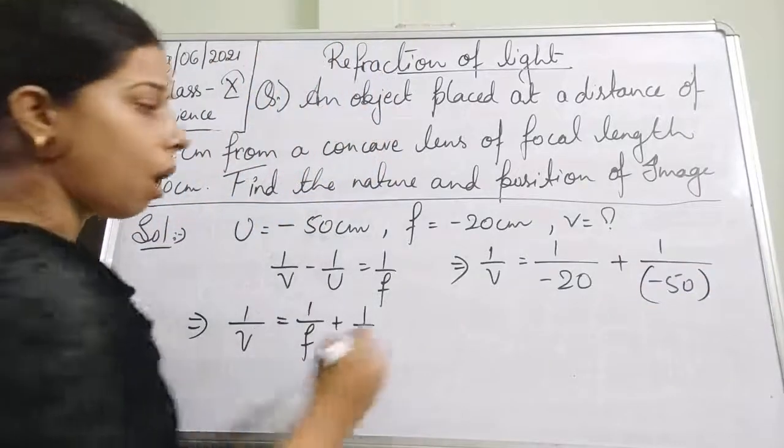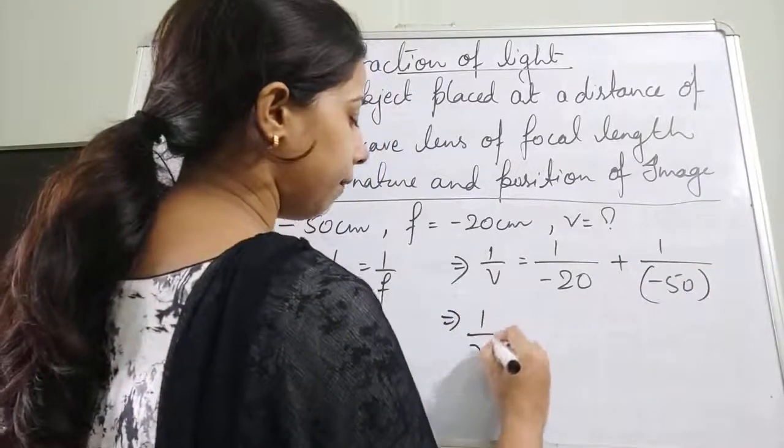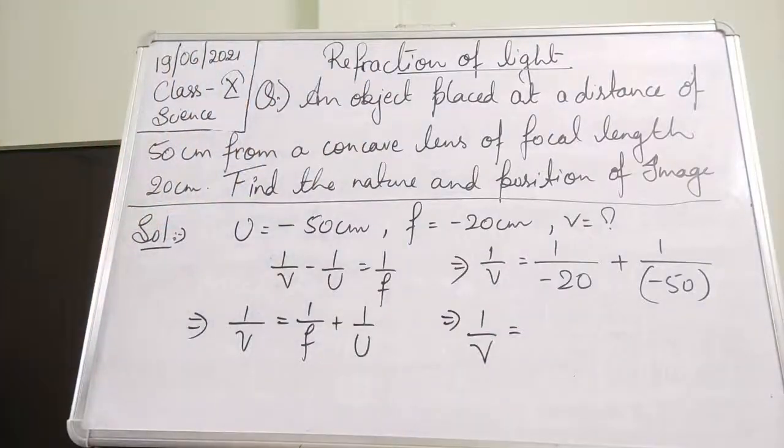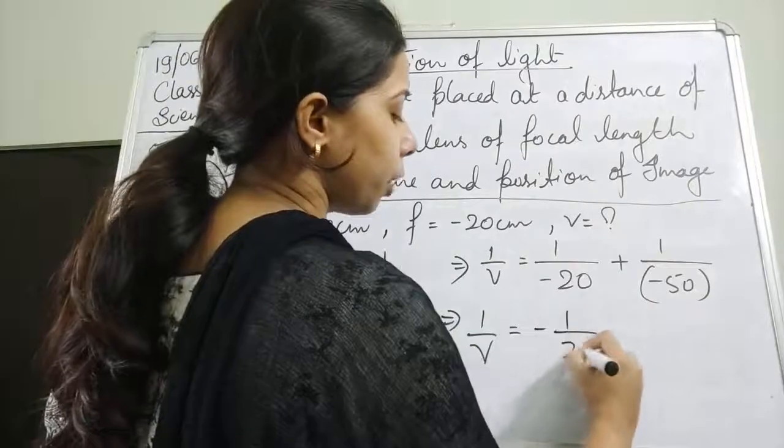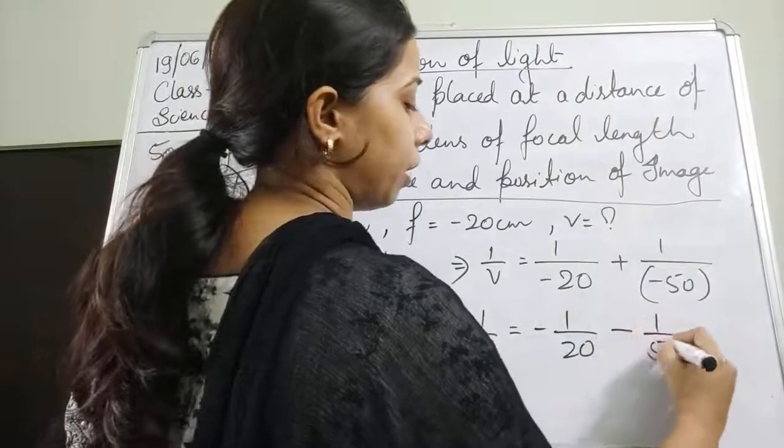Or we can write 1 by v is equal to minus 1 by 20 minus 1 by 50.